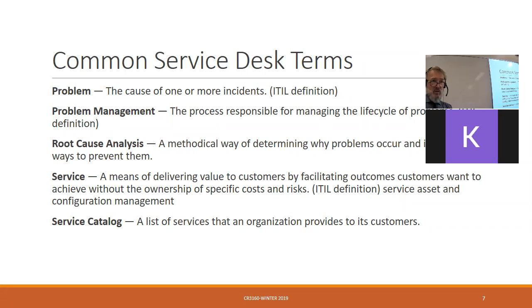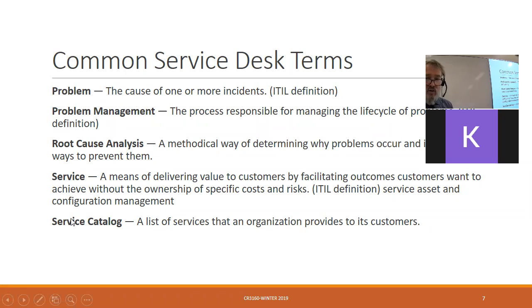Why did we have this outage? Why did the computers go off at such and such a time? And when we've discovered that, then we've done our problem analysis, a root cause analysis, and then we know what the problem is, and therefore we can address some resources to remedying that problem, which is going to be some change in the system.